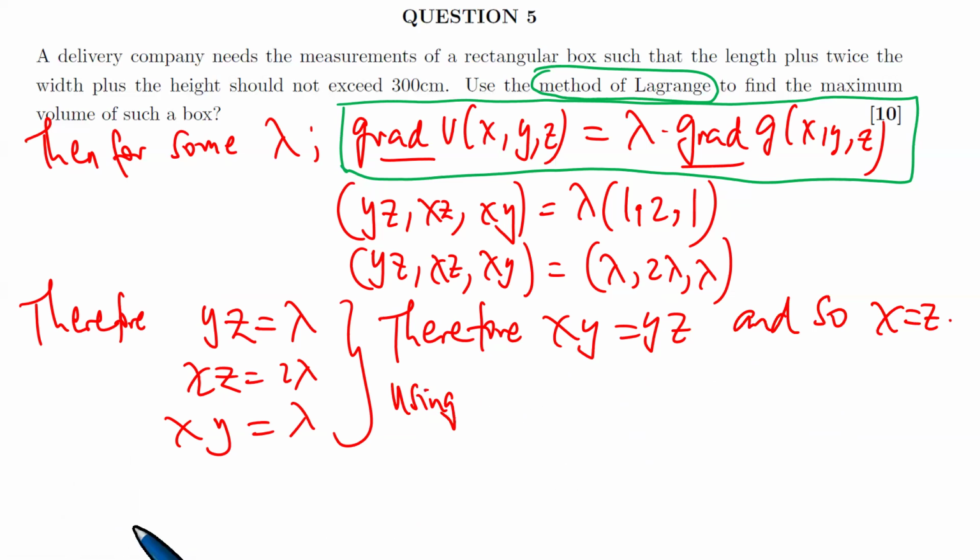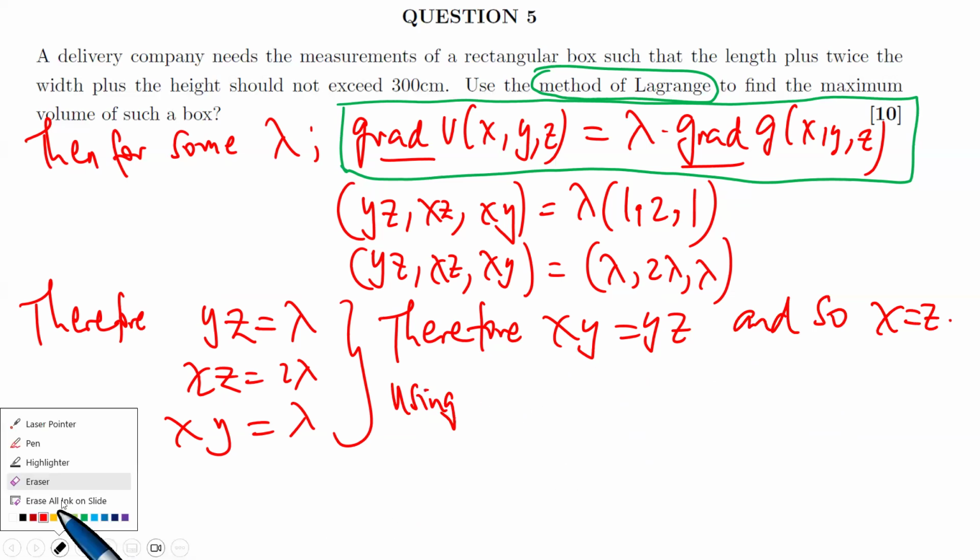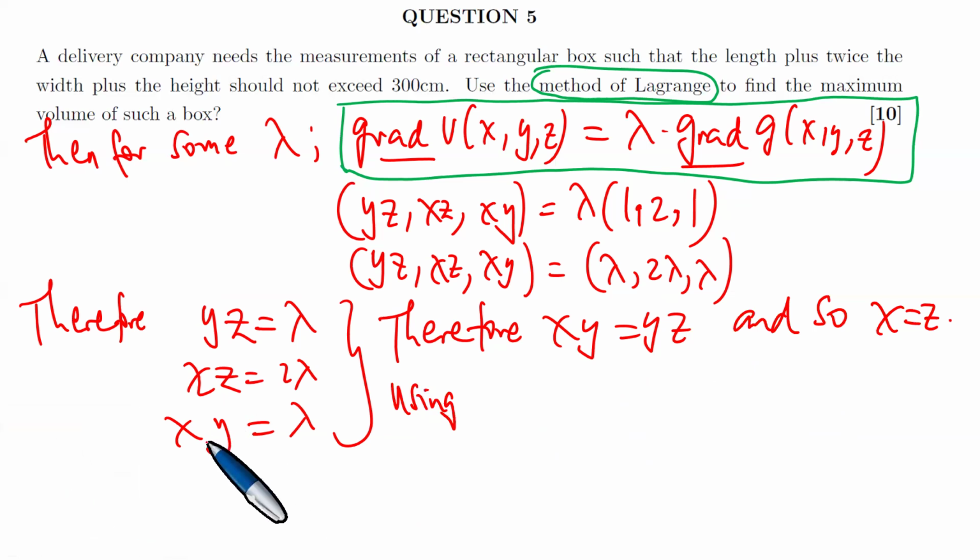I need to select the equations that are going to work. Because we've already used the first and the third equations, and we got x equals z because y cancels. So giving us x equals z.